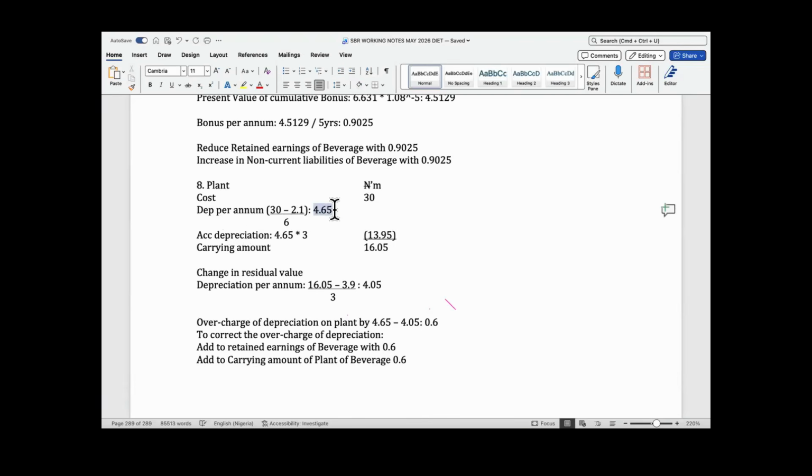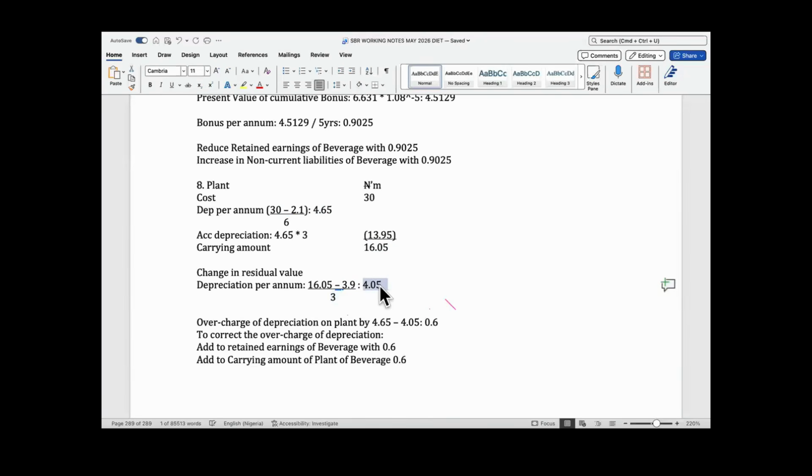The depreciation per annum we computed is the normal depreciation per annum, 4.65, which is cost minus residual value. But at the beginning of the current year they changed the residual value, and the question told us they did not consider that. When you change residual value, depreciation per annum will change. We usually compute it as the carrying amount from the date of change minus the new residual value, divided by the remaining useful life.